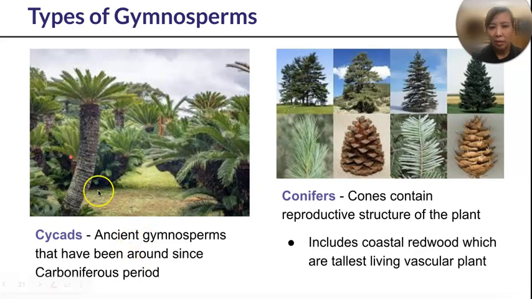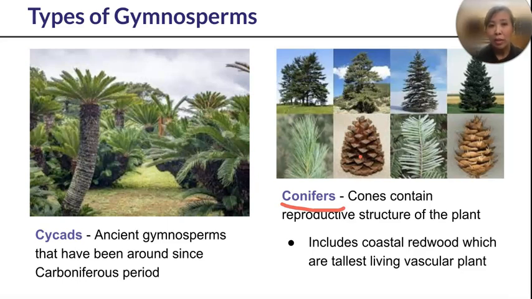So these cycads are what we believe are the oldest gymnosperm. Here are our more modern gymnosperm that we are probably more used to looking at. So you're probably very familiar with conifers, which are these cones that we observe here that actually will contain, again, as we mentioned, the reproductive structure of the plants. And so an example of that would be the coastal redwood.